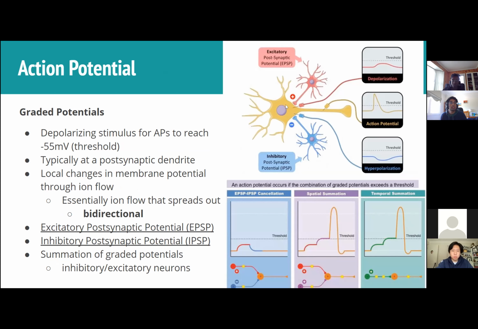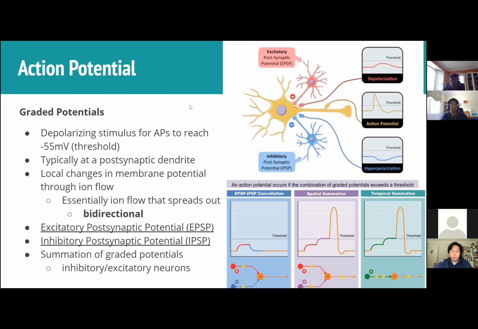So if the action potential starts around here and moves down, the way we get that to start is through a graded potential. We talked about how depolarizing ion flow down the axon produces the depolarizing current, the initial stimulus that causes depolarization in the adjacent side of the neuron. Therefore, ion flow is exactly what causes the initial action potential to take place as well.